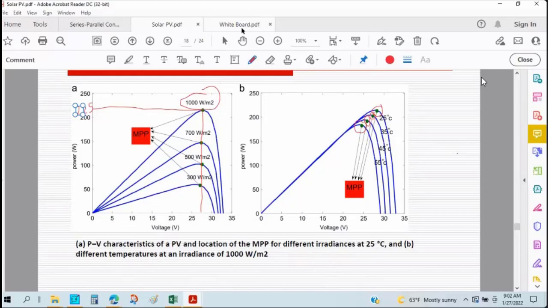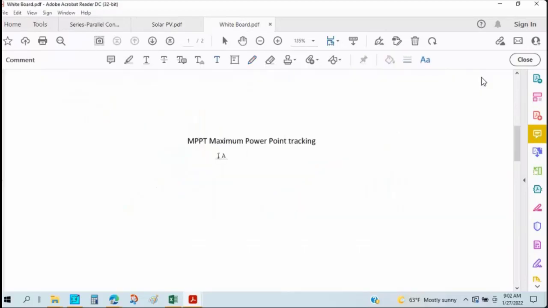And that technique of tracking the maximum power point is known as MPPT algorithm. That means the algorithm that will help us to extract maximum power from the solar panel is known as MPPT, maximum power point tracking.